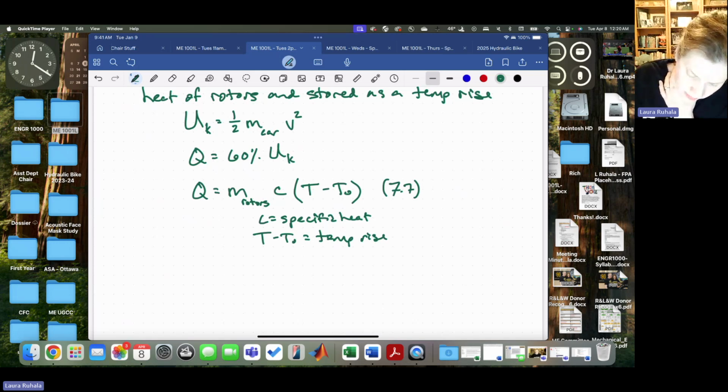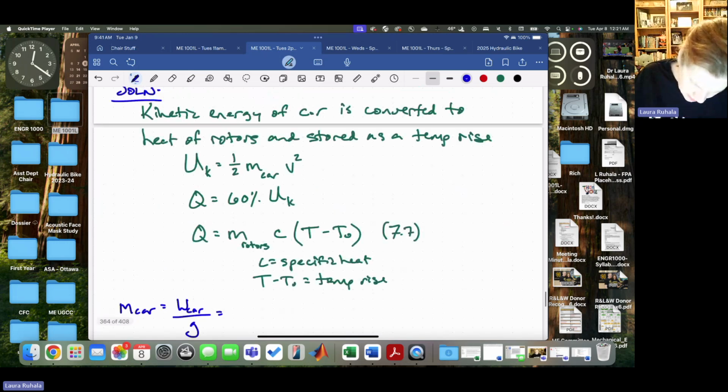Well, let's figure out first the mass of the car. That'll be an easy conversion. The car, well, that'd be the weight of the car, should be a subscript, divided by gravity, right?